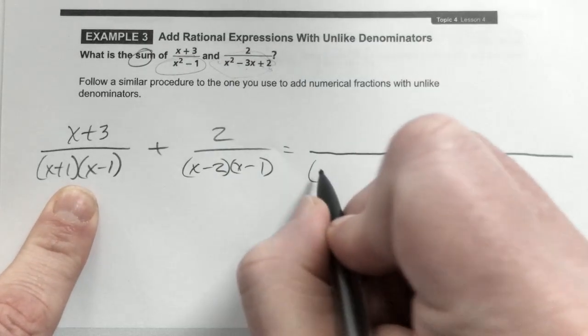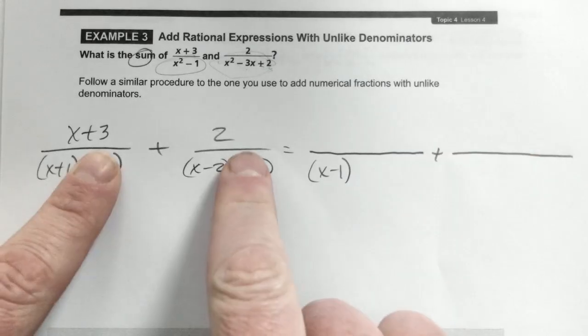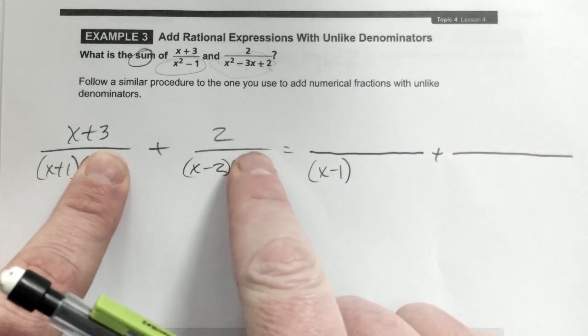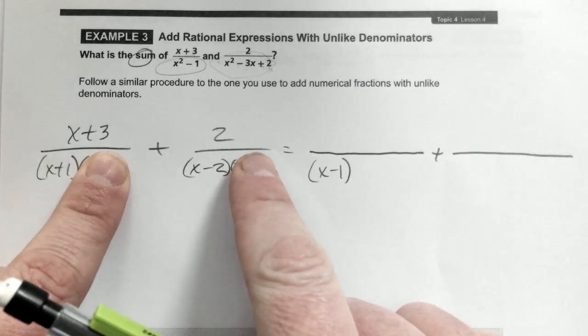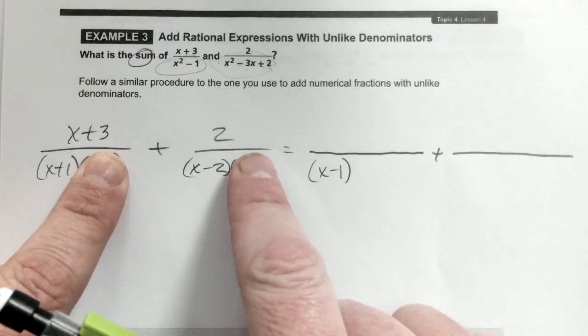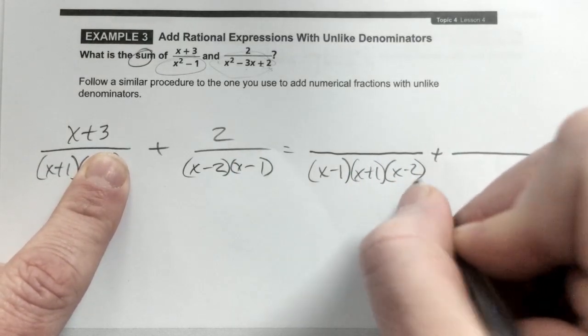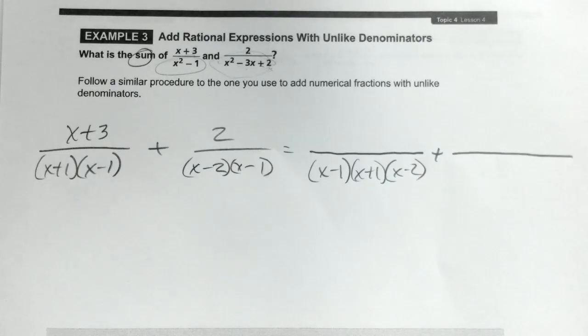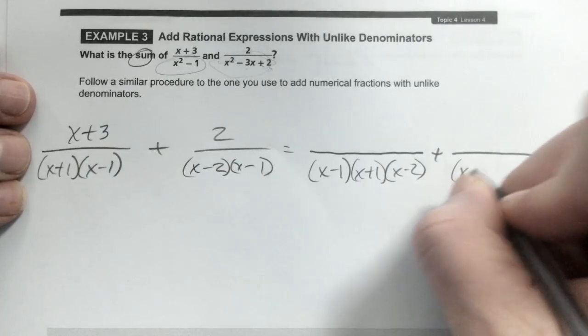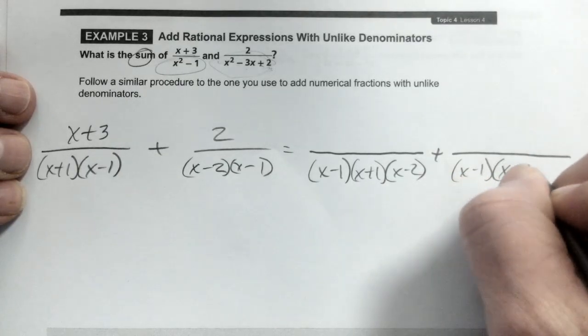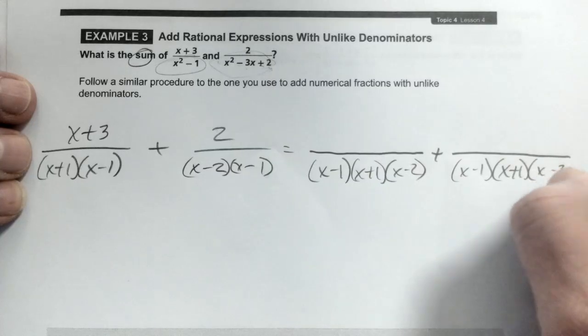They share an x minus 1. And I need all the other factors that you see. An x plus 1 and an x minus 2. So our common denominator, x minus 1 times x plus 1 times x minus 2.